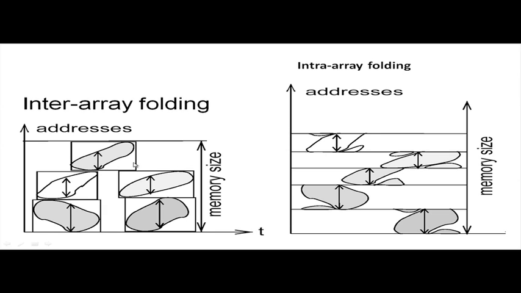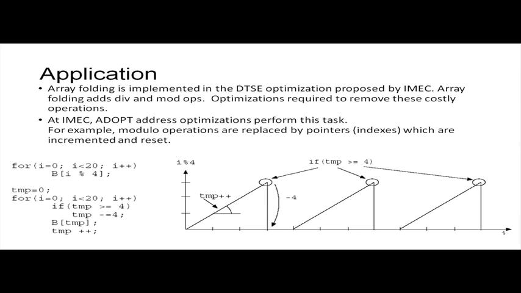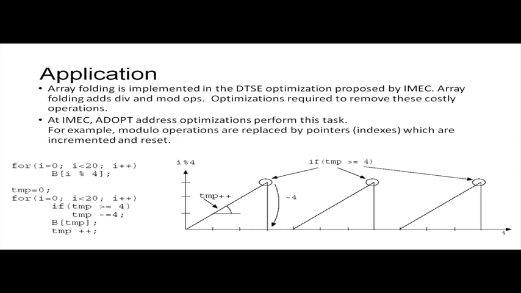Now, this has got some magical impact, the idea is so simple, but here is an application of DTSC optimization, where the division and modulo operations were replaced by unfolding and then by array folding.